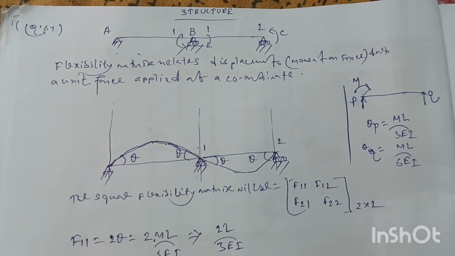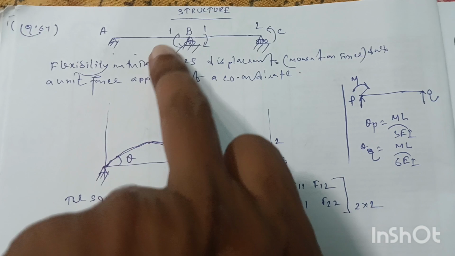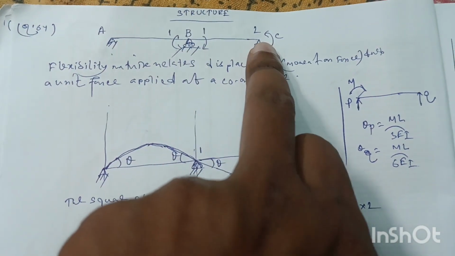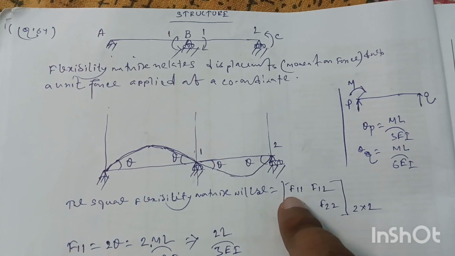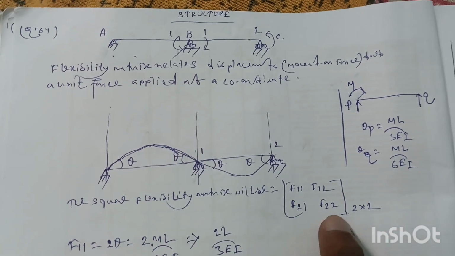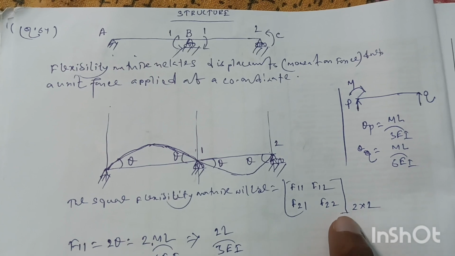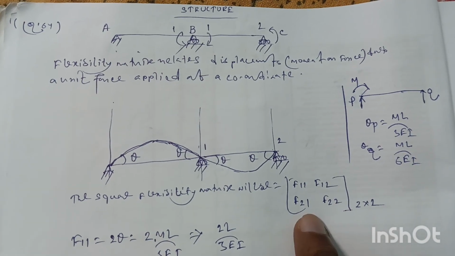So the flexibility matrix is a square matrix. For the two coordinates 1 and 2, the square flexibility matrix will be F11, F12 and F21, F22, that is a 2 by 2 square matrix, 2 rows and 2 columns.